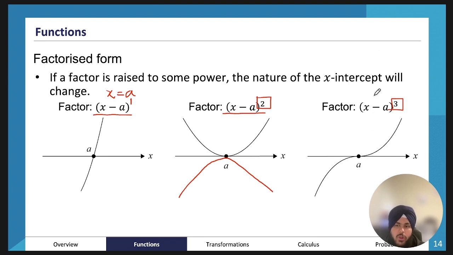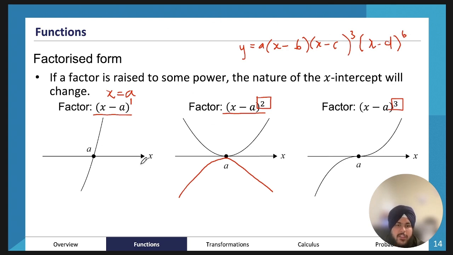So what this will look like is if you have a really big graph, something like y equals a, let's say x minus b, x minus c cubed, let's just say, x minus d to the power of 6.